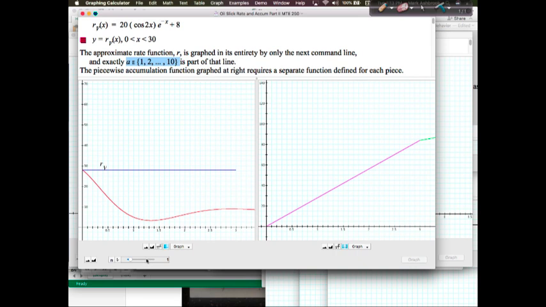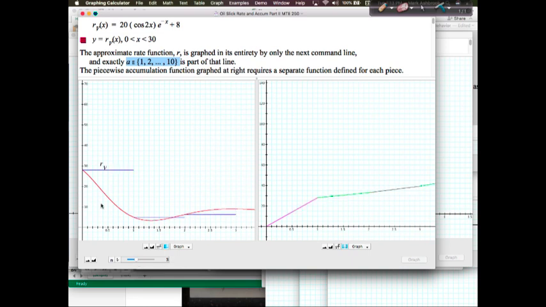And if n was 7, that command line graphs that function with 7 intervals. Every time I changed n, it gave me the corresponding approximate accumulation function on the right, just like the one we built today.